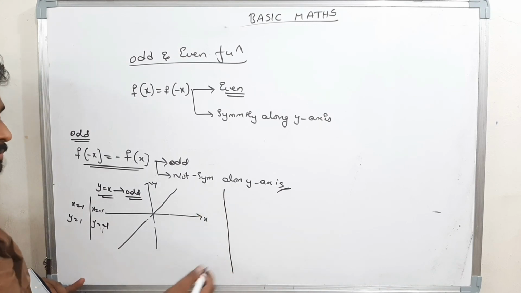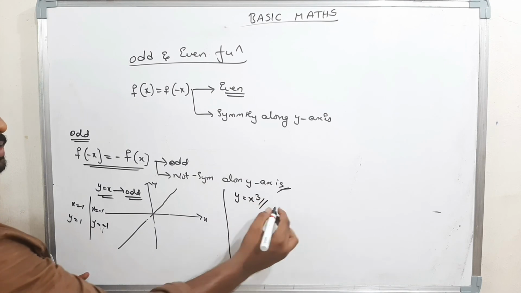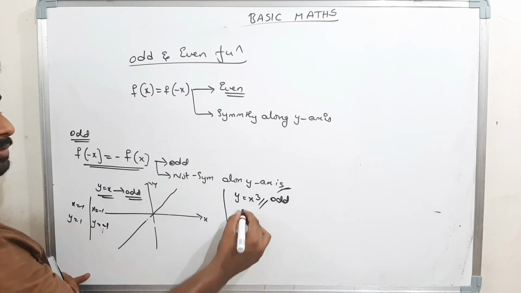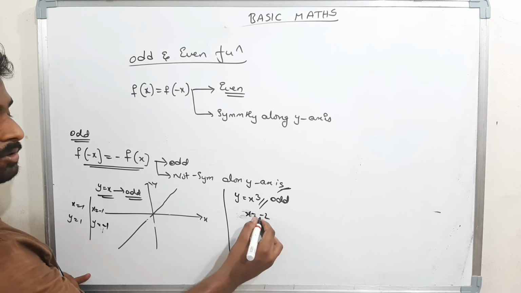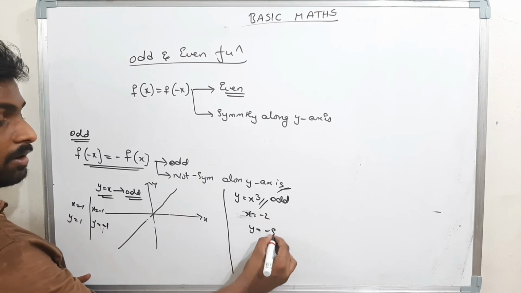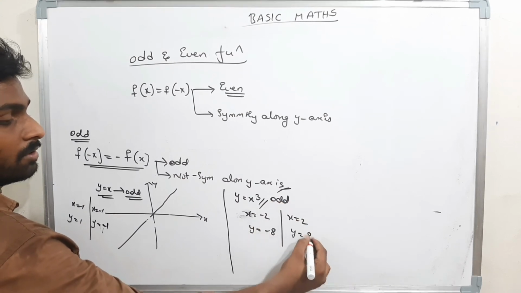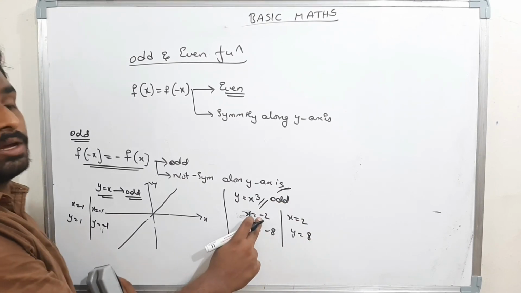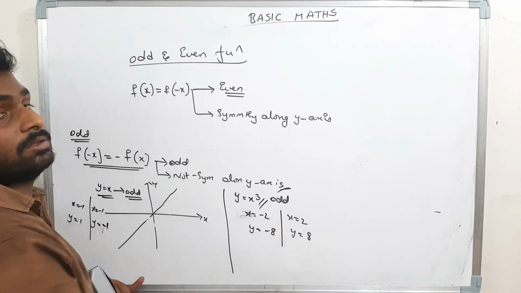Now we will see one more example. y is equal to x cube. This is also an odd function. If x is equal to minus 2, what is the y value? Minus 8. If x is equal to 2, what is the y value? 2 cube is 8. That means when the x value signs change, the y value signs also change.